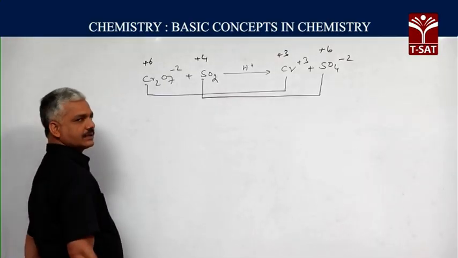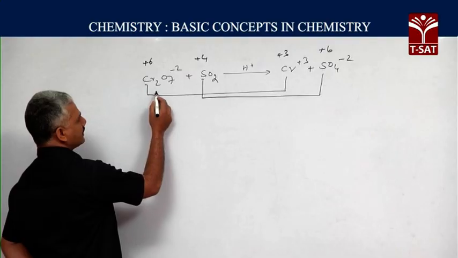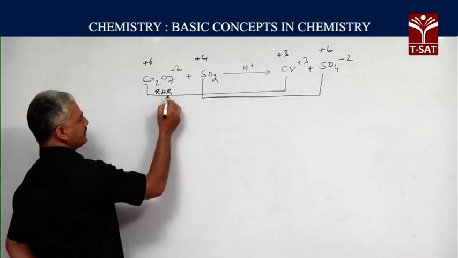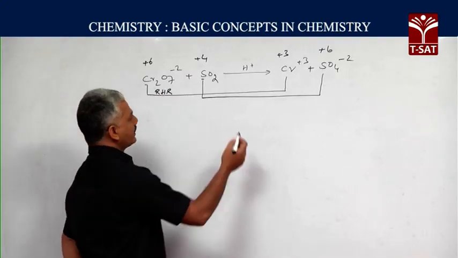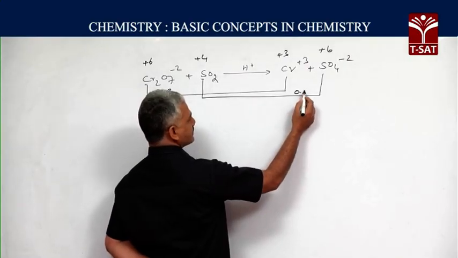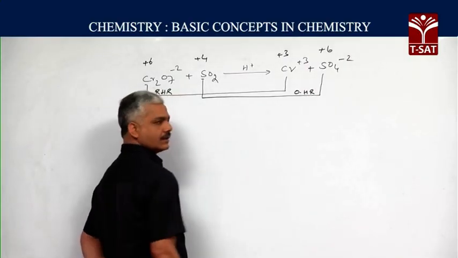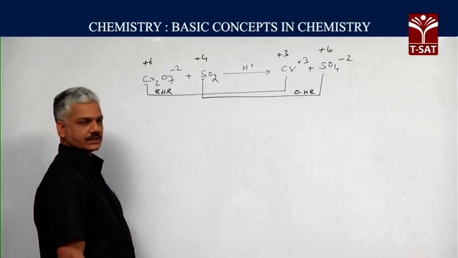Wherever there is a decrease in oxidation state will be called the reduction half reaction, and wherever there is an increase in oxidation state will be called the oxidation half reaction.